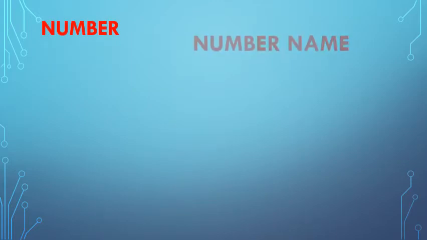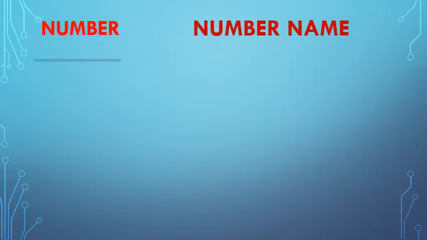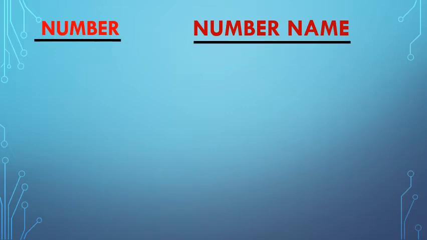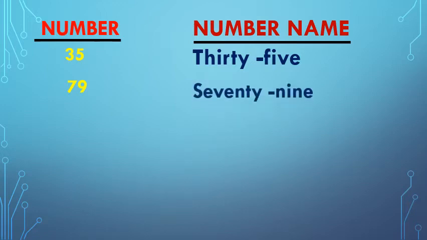Yes, number column is there and number name. Now, here number is there. This is 35. 30 and 5. The number name is thirty-five. You must know the spelling. T-H-I-R-T-Y, 30 and 5. 35. Okay. Second one is 79. See this. Okay.